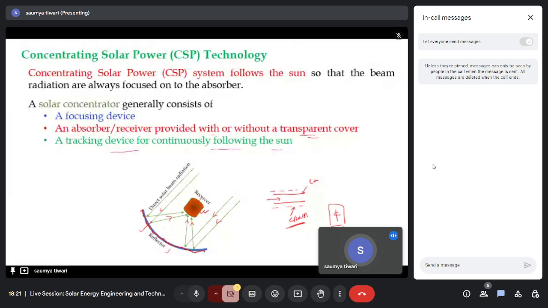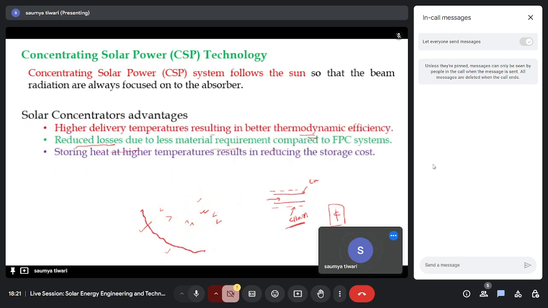And then we need a tracking device also. If you remember, in a flat plate collector, we don't need any tracking device, right? But in concentrating solar power technology, we need tracking devices which will track the movement of the sun, such that at all times the radiation falling on the reflector is received at the receiver. Okay.